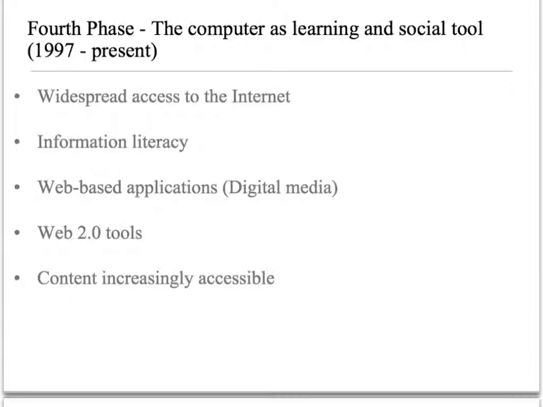The fourth phase, which began in 1997 and continues, the computer is used as a learning and social tool. During this phase, there is a move from passive consumers of information to creators of information. This move requires information literacy. Information literacy is the ability to recognize when information is needed and to locate, evaluate, and use the needed information effectively.